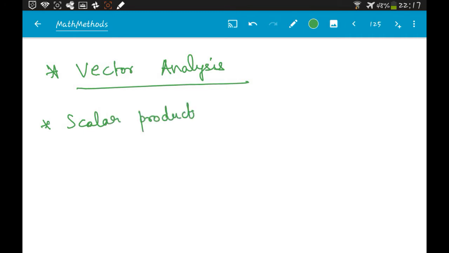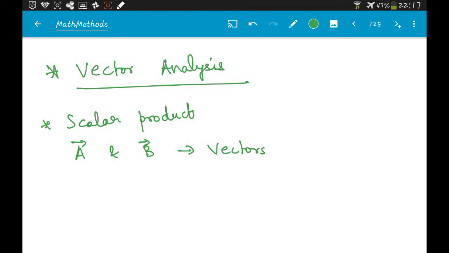If you have two vectors A and B, so these are your vectors. Vectors are always written by the variable with an arrow on top of it, and that is the notation by which vectors are represented.